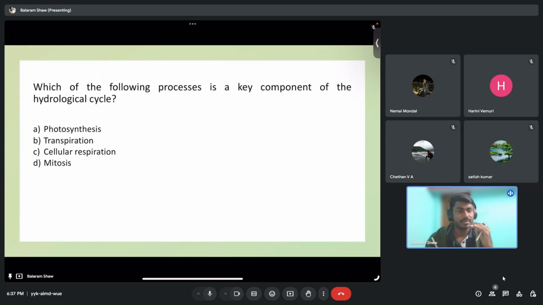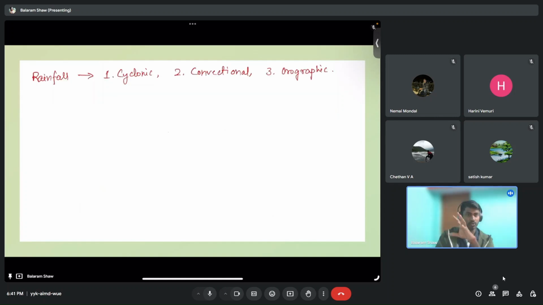This cyclone is also called a hurricane or a typhoon, based on region. We call it a hurricane when it happens in the Atlantic Ocean or the Northeast Pacific Ocean region. We call it a typhoon when it occurs in the Northwest Pacific Ocean region.